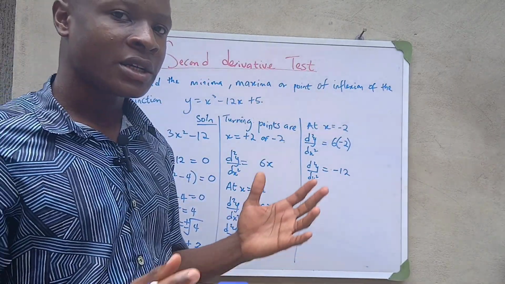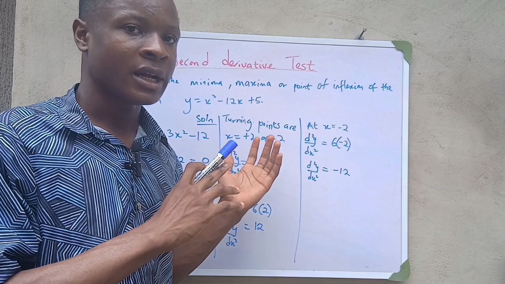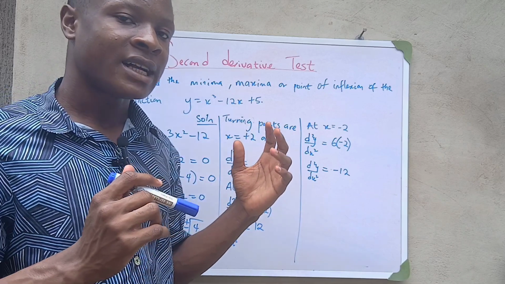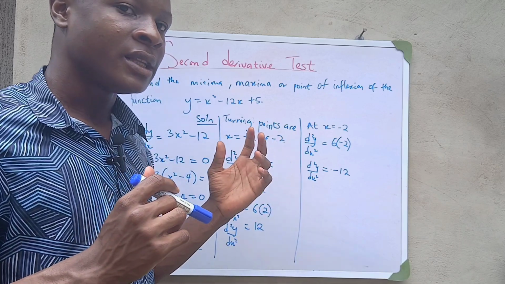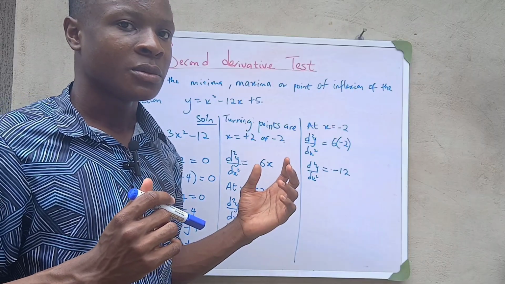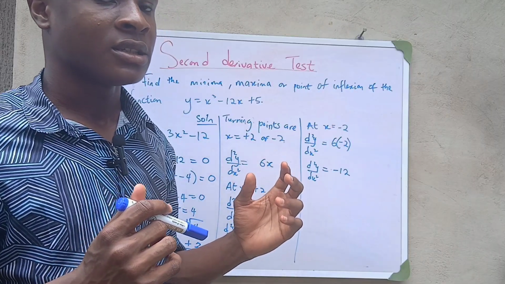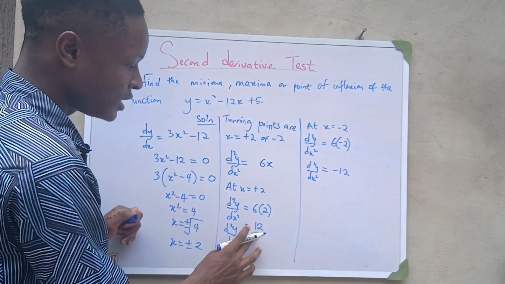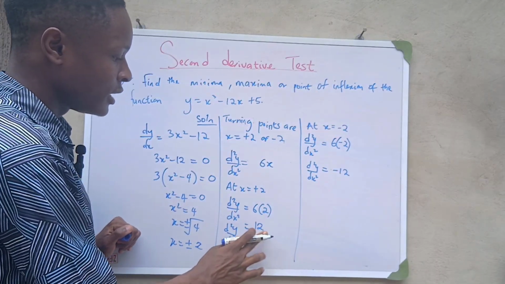Now we go back to the rules I talked about earlier: at maximum, d²y/dx² is less than 0, and at minimum, d²y/dx² is greater than 0. So for plus 2, is it less than 0 or greater than 0? It is greater than 0.